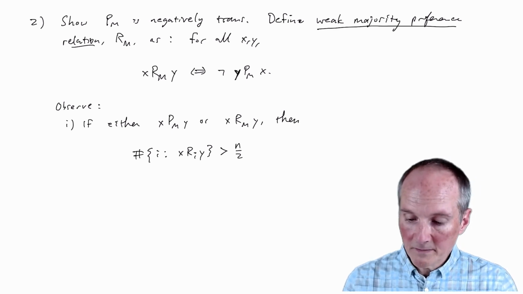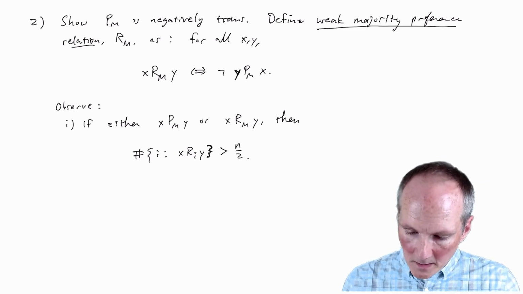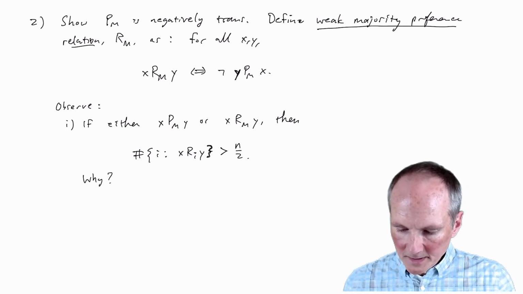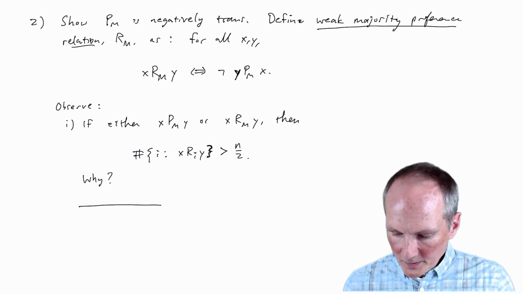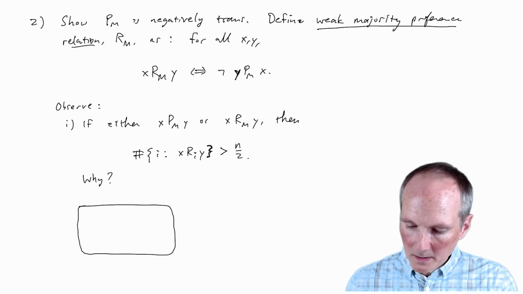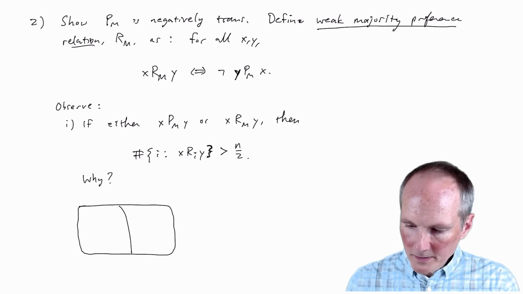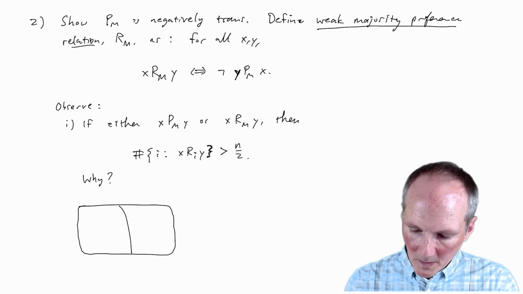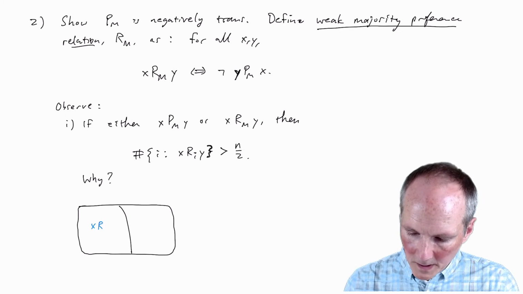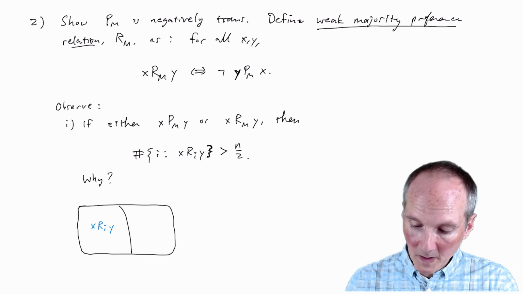There must be a majority of them. Why is that? Just imagine that all of the voters are represented by this blob here, and here are the voters who weakly prefer x to y, and then everyone else is over here.